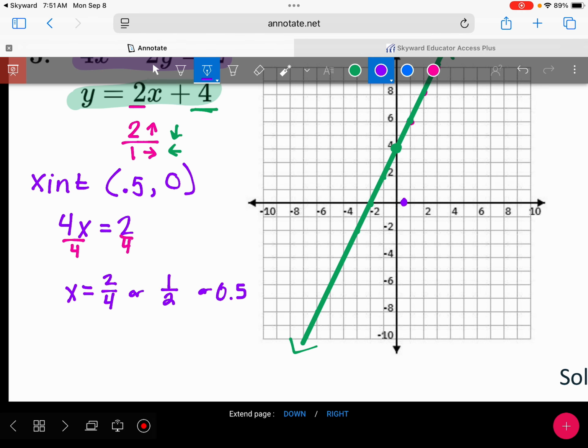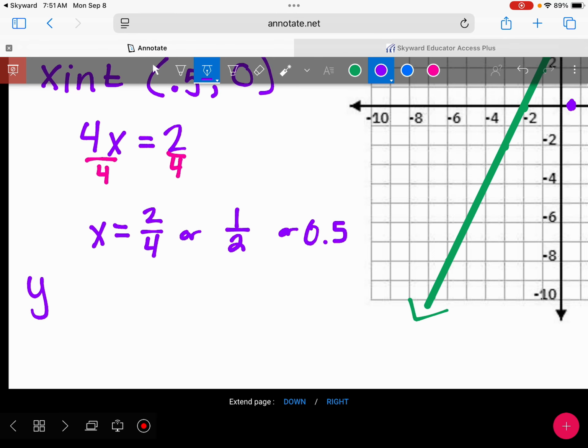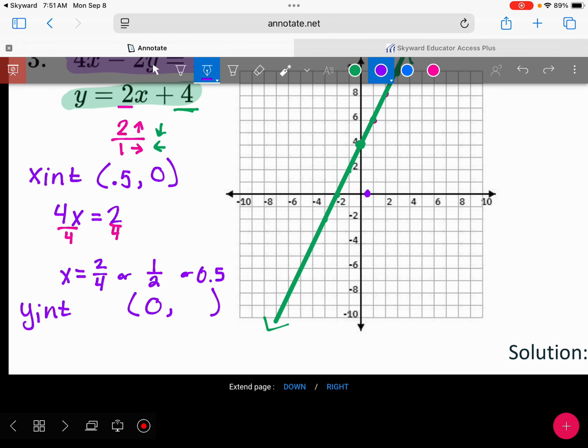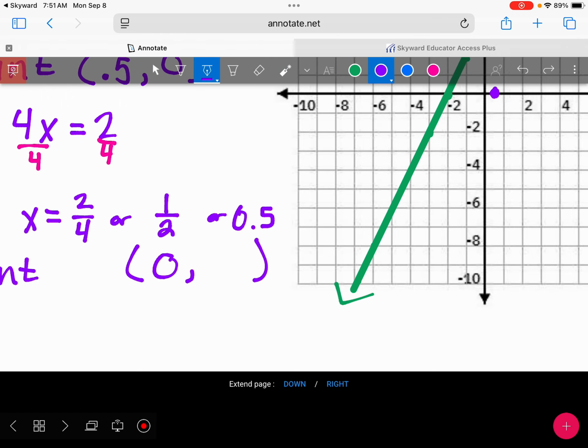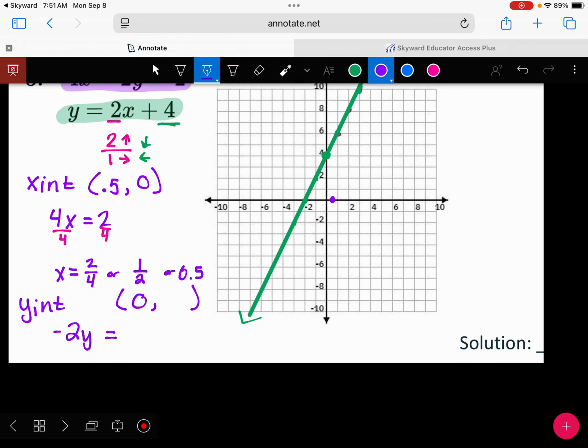And then we'll do the same thing with our y's. To find our y-intercept, our y-intercept happens when x is 0. y can be whatever it wants to be, but I know my x is 0. So if I put 0 in place of the x, because I already did the y, that means my 4 times 0 is going to be 0, so we get 0 minus 2y, also known as negative 2y, equals our 2.